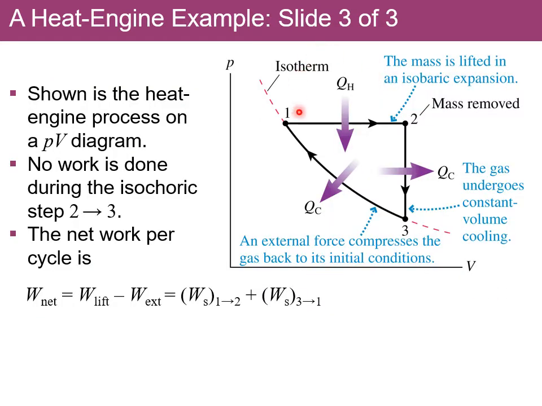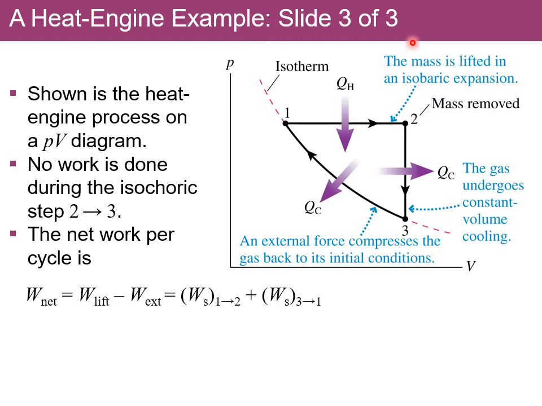Here we map these processes onto a PV diagram. From 1 to 2, mass is lifted in an isobaric expansion. From 2 to 3, no work is done, as the process is an isochoric cooling. From 3 back to 1, the piston is compressed until the gas is returned to its original state.